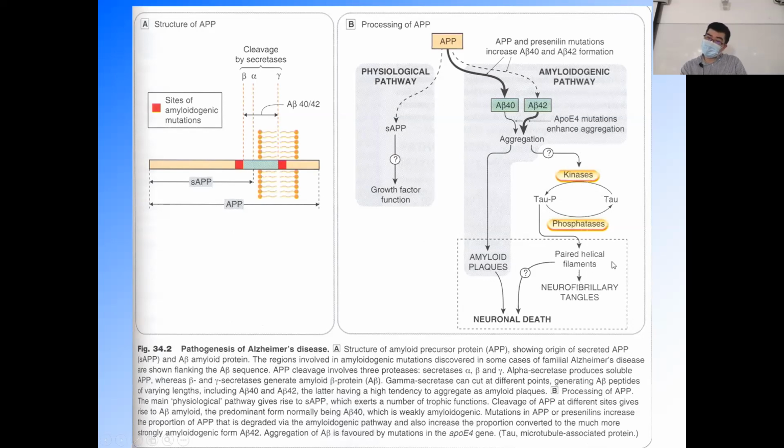There is crosstalk between these two, whether it's the plaques or the neurofibrillary tangles, still under debate. Depending on which side of the scientists, some believe that tau is the problem, some believe that the tangle is the problem, or the plaque is the problem.